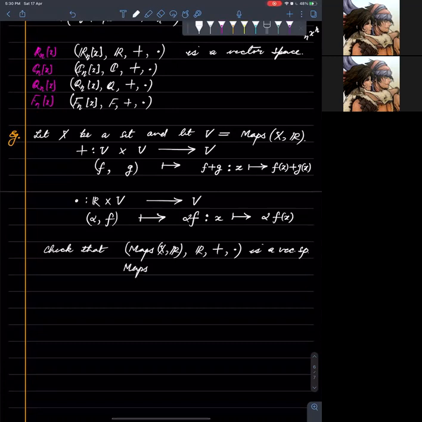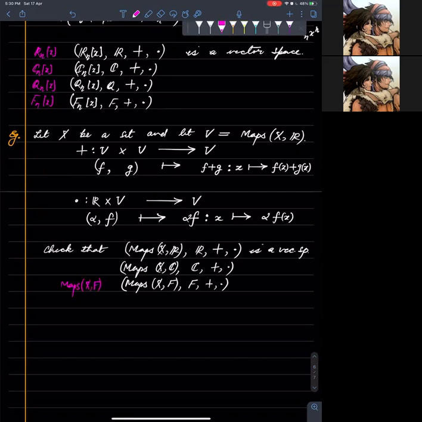Again, this game can be played for complex numbers, for rational numbers, or let me just directly skip to any field. And the same story, instead of writing this whole quadruple, we just write this, and it is understood from the context when we think of it as a vector space.